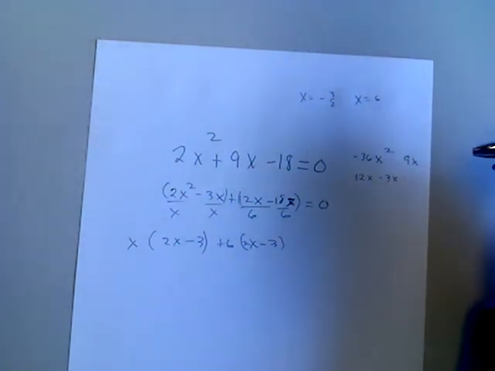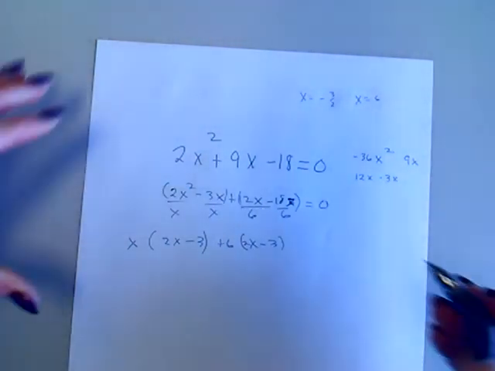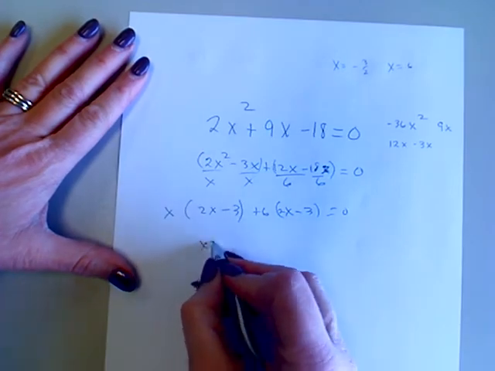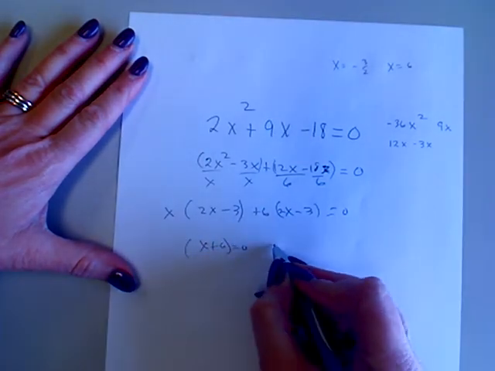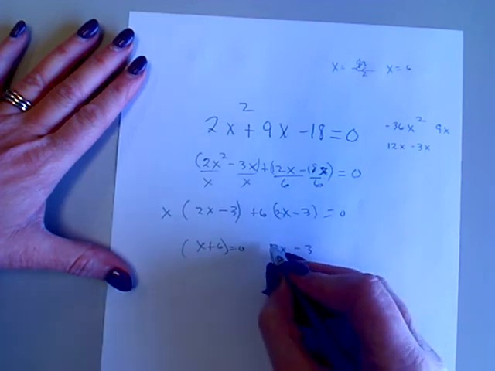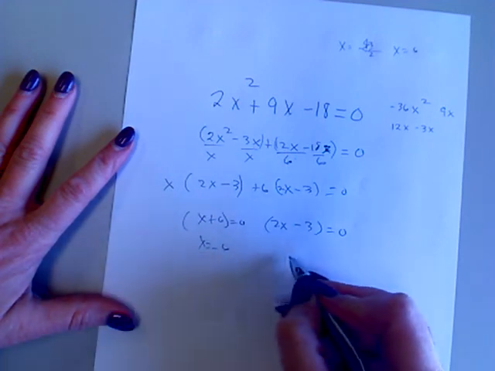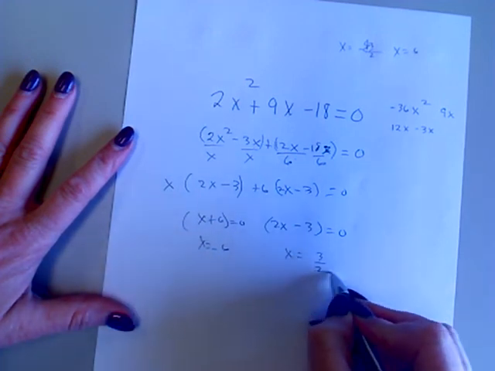I'm getting a negative 6 on this. That's what I got. And then you're right, this was positive. So x equals negative 6 and x equals positive 3 over 2.